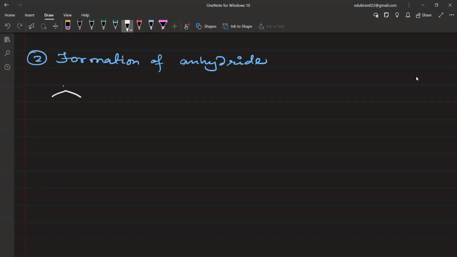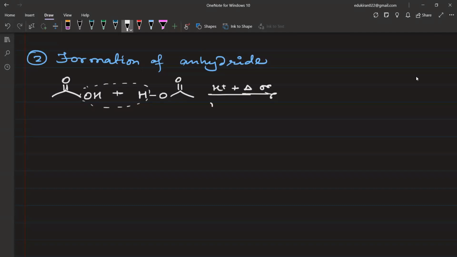If you have ethanoic acid plus one more molecule of ethanoic acid, it forms water in the presence of H plus and heat, or you can take P2O5 and heat. CH3, the carbonyl carbon as it is. Now this carbonyl carbon will be attached with oxygen, and then the rest of the molecule is same: C double bond O and then CH3.